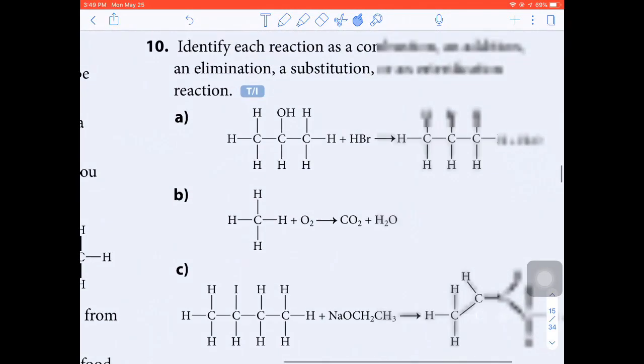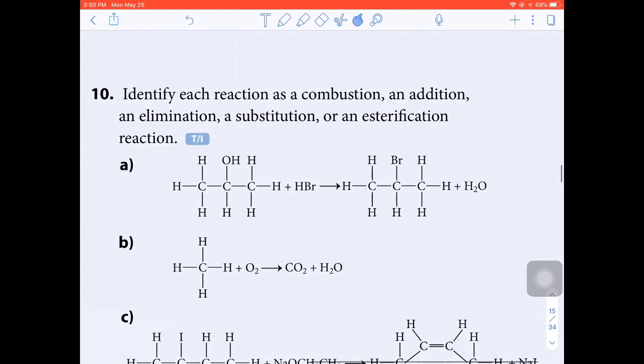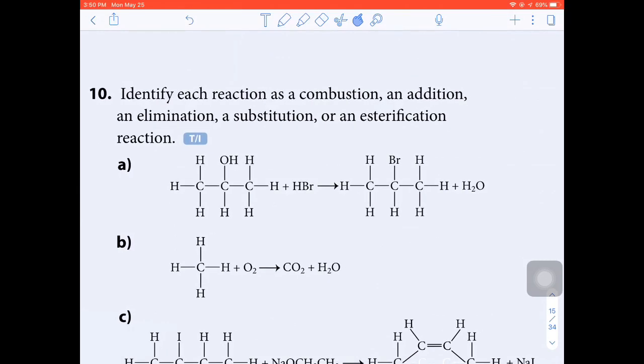If I roll up to question 10 here, it says identify each reaction as a combustion, addition, elimination, substitution, or esterification. So the first one I'm seeing, the OH is going to be replaced by a Br. So this Br here, in the HBr, is going up here, and the OH is coming down here.